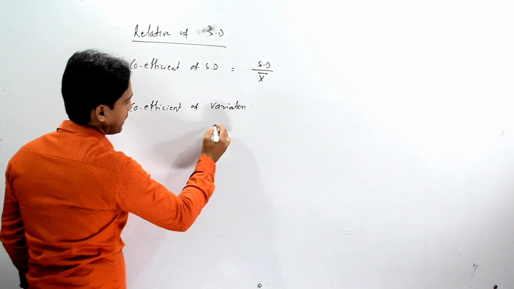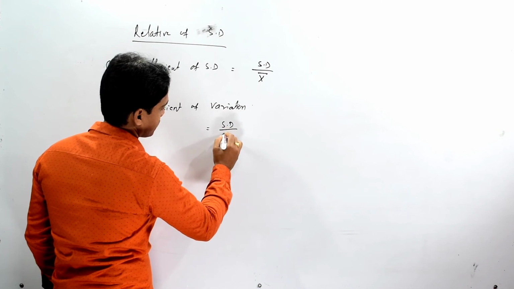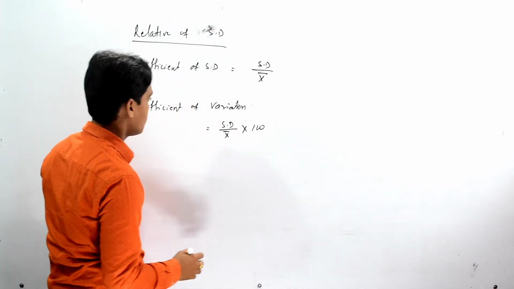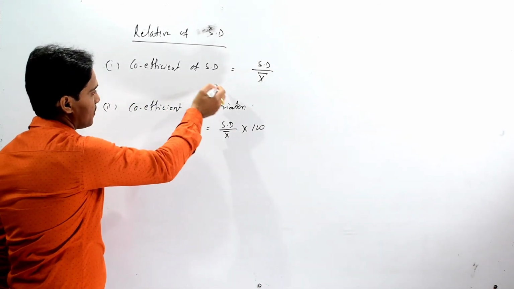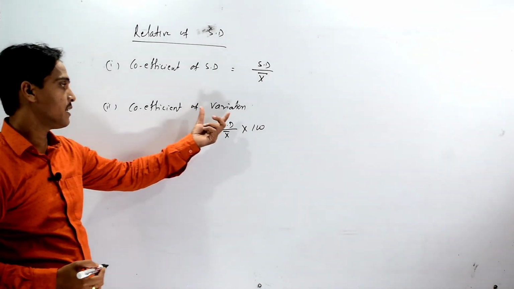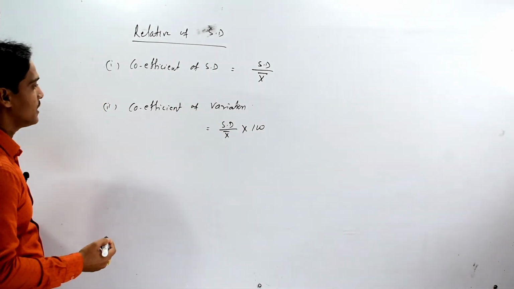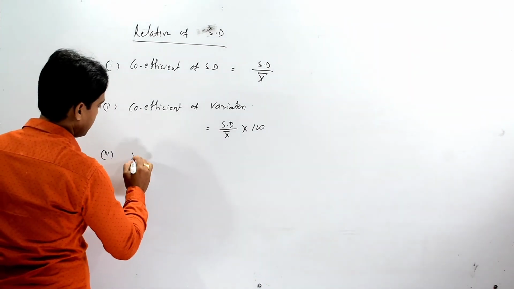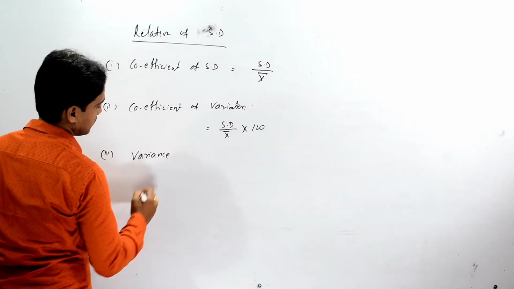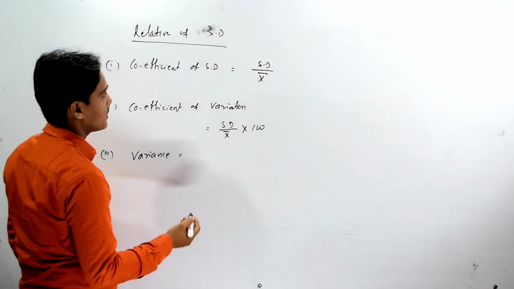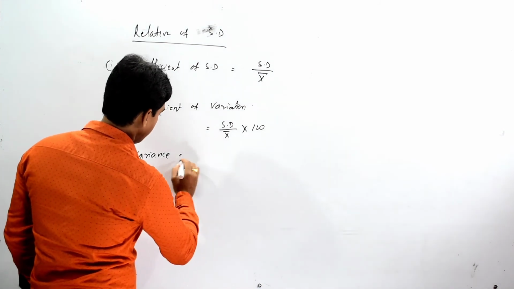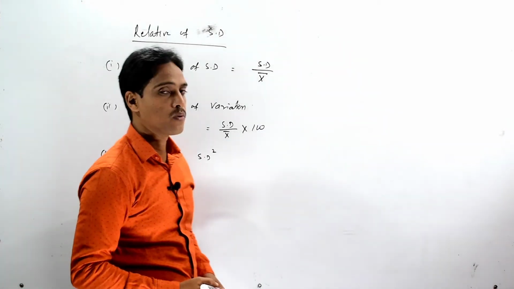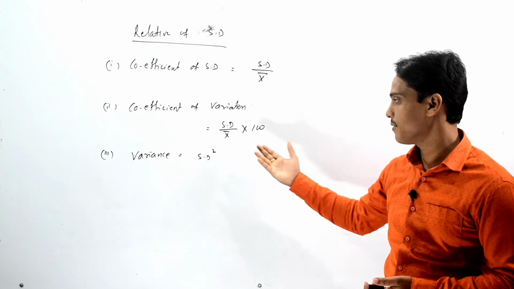So the coefficient of variation is standard deviation by x bar or arithmetic mean into hundred. Then next relative of standard deviation is our variance, which is the square of our standard deviation. That is variance equals SD square.